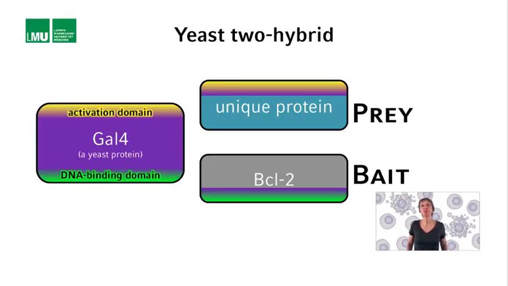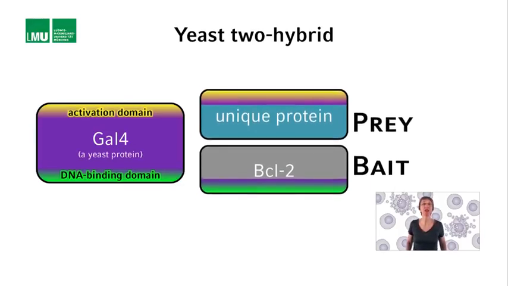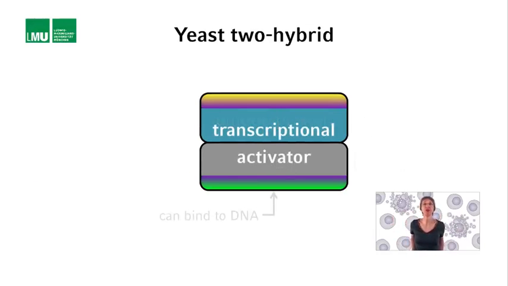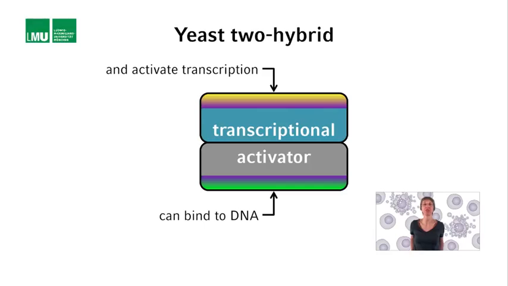Now, if the unique protein that is part of the prey is a protein that normally interacts with BCL2, this particular prey will interact with the bait, the GAL4 DNA binding domain BCL2 fusion protein. This interaction brings into close vicinity the GAL4 DNA binding domain and the GAL4 activation domain, and it results in the assembly of an active GAL4 transcriptional activator.